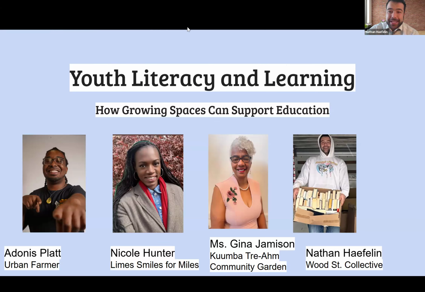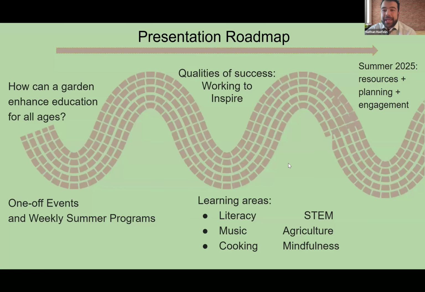I'm gonna move on to the next slide and get us started on a roadmap for what we'll be speaking about today. As a panel, we're gonna go through each of these questions or text blurbs as a way to spark a discussion between my 3 esteemed panelists here. We're going to start off by asking, how can a garden enhance education for all ages?